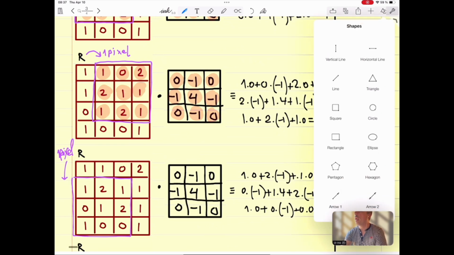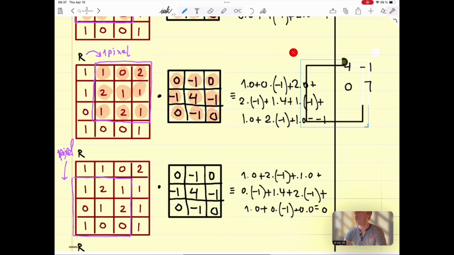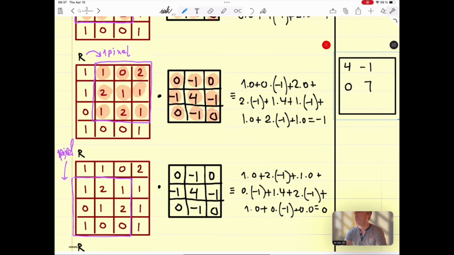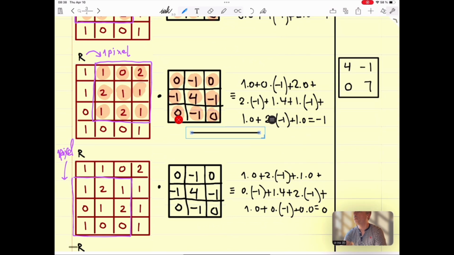So what we have done is transform our 4 by 4 into a 2 by 2. We have extracted relevant information that we can pass on to the next layer.